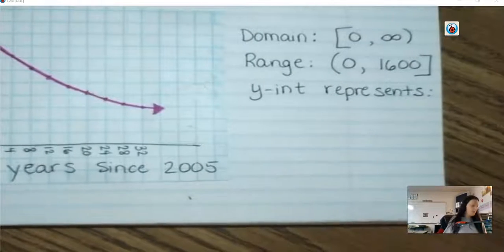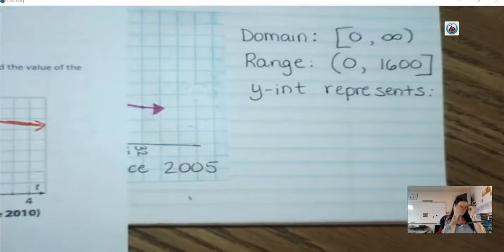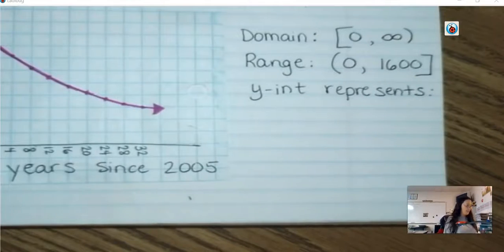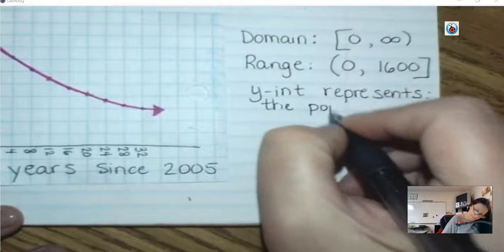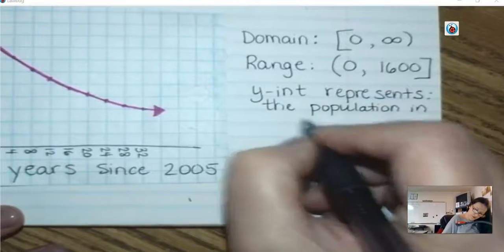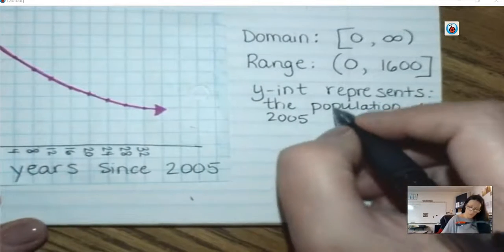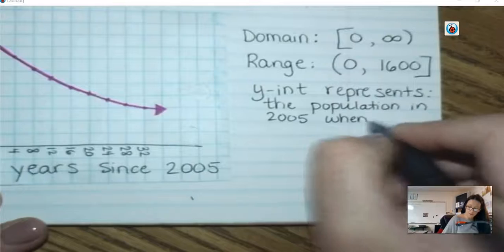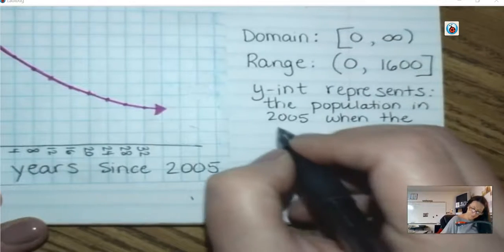So the y-intercept represents the population in 2005 when it started to lose people, or when the population started to decline.